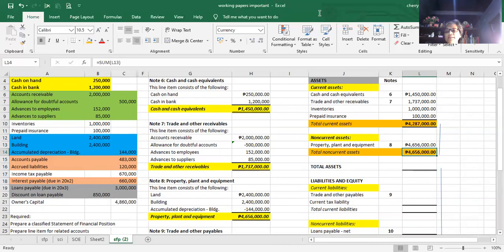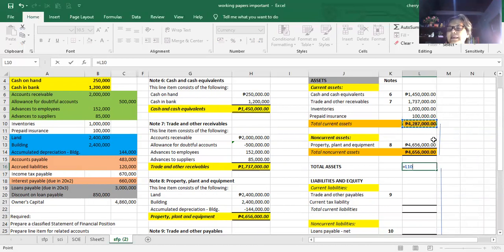How do you do that? So equals 4,287,000 plus, your plus in the computer is near the backspace, so you're going to use the shift key and then the plus.